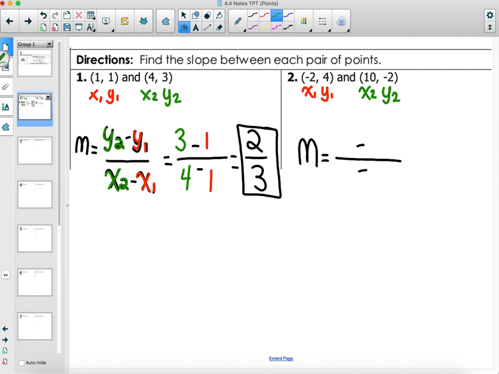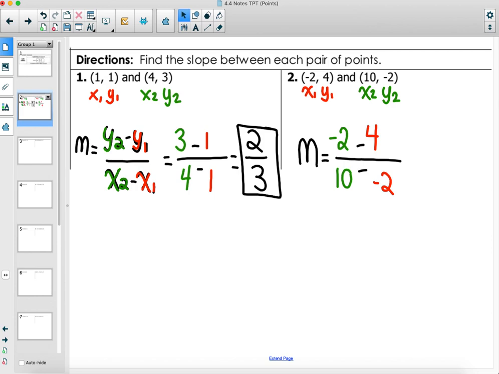So the y2 comes first, that'd be negative 2, minus the y1, which is a 4, over, in our denominator now, the x2, which was a 10, and our x1, which was a negative 2.